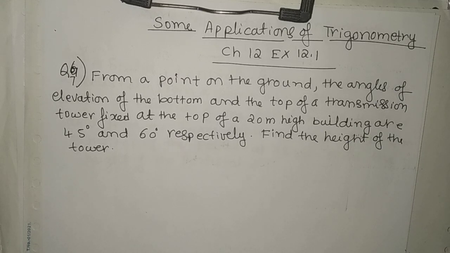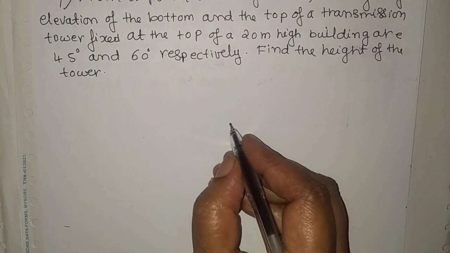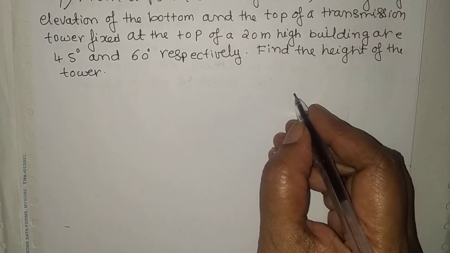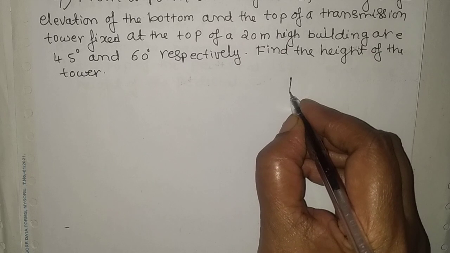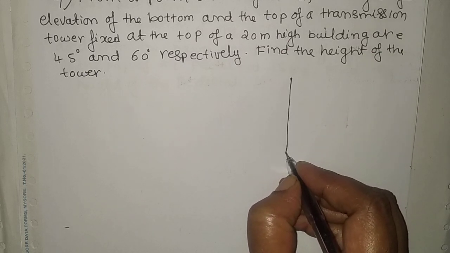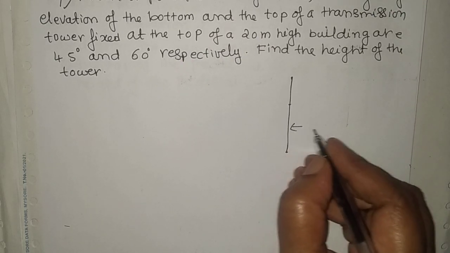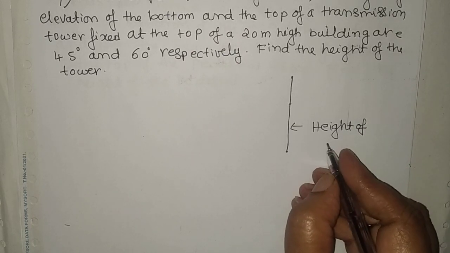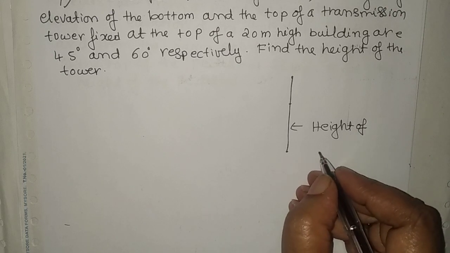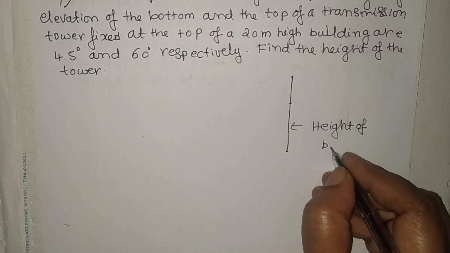So first we'll write this down in pictorial or diagrammatic form. We'll start the diagram and make it a triangle. Consider a tower here above the building. This will be our building. At the top of this building a transmission tower is fixed.